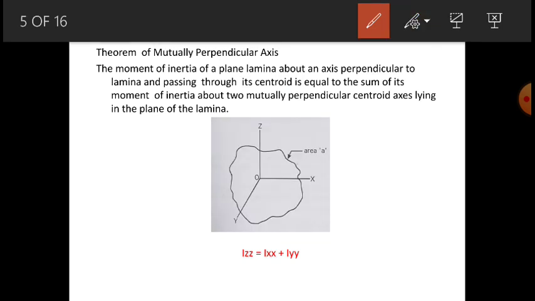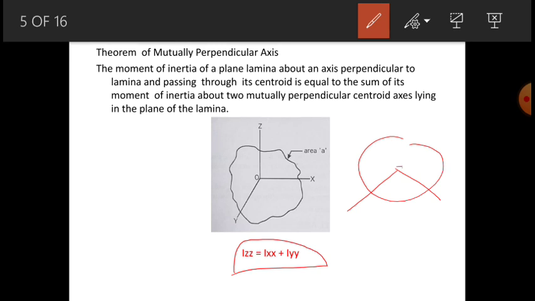As you can see in the formula, Izz is equal to Ixx plus Iyy. This is possible when the object and the axes lie in the same plane, the two axes meet at the centroid and are mutually perpendicular. You can then calculate the moment of inertia of the third axis.